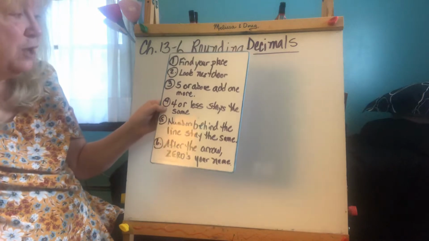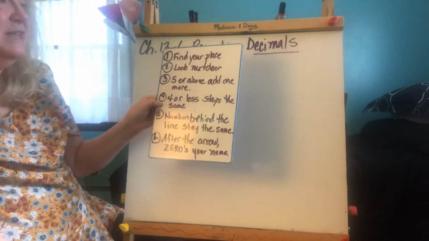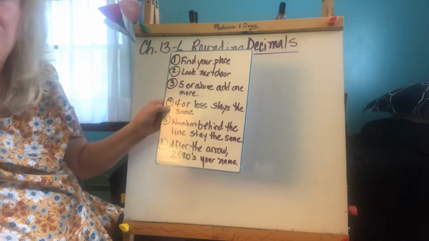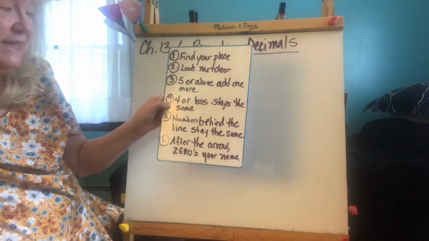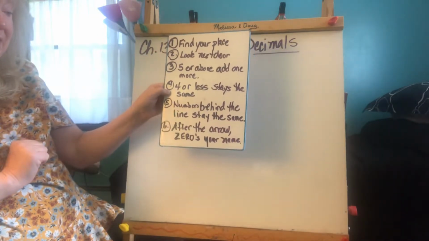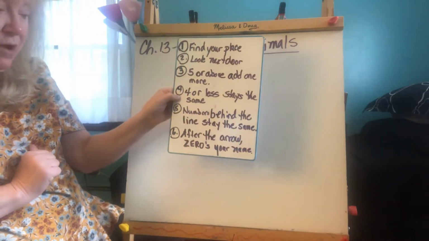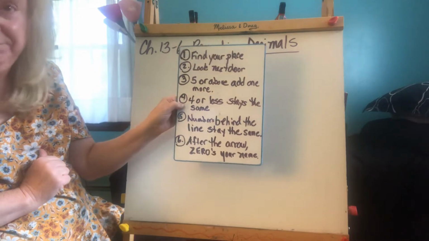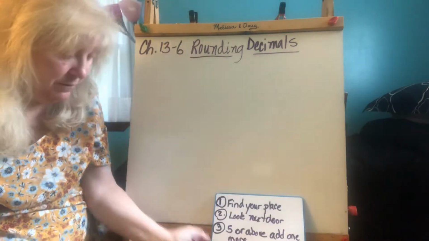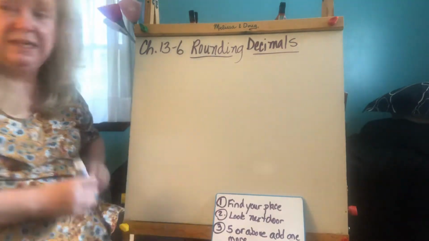Okay, so find your place, look next door, 5 and above, add 1 more, 4 or less stays the same, numbers behind the line stay the same, after the arrow zeros your name. Okay, that's the rules. So let's do some problems using these rules.